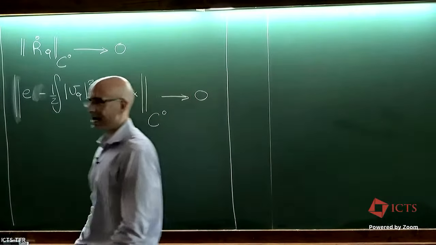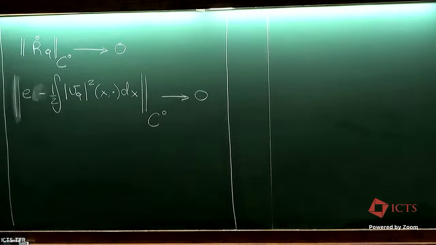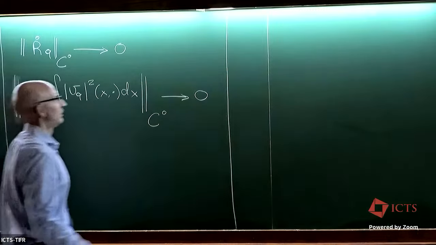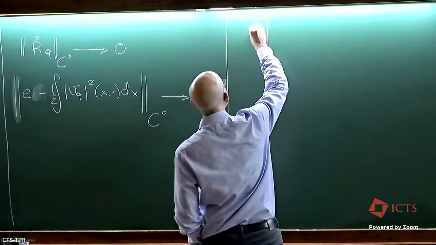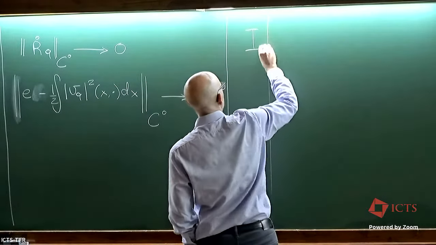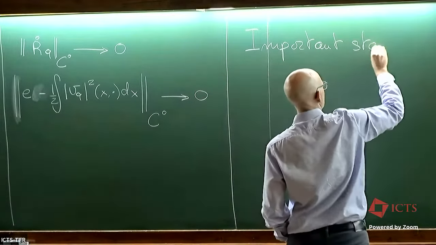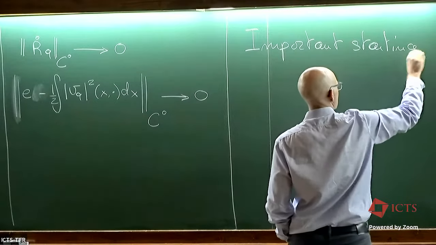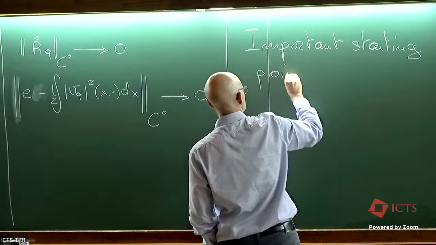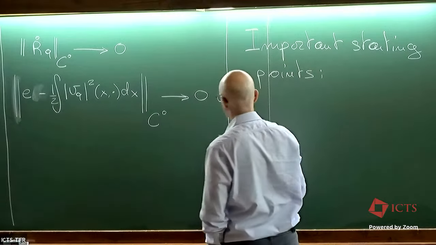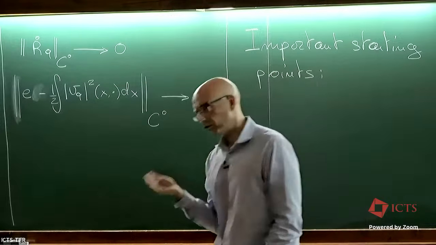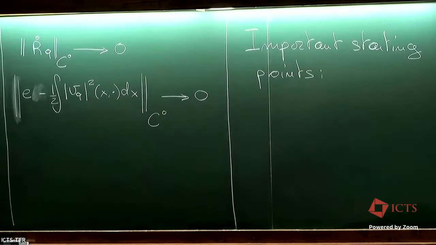Let me start with the first remark. You've seen already a few times these anti-divergence operators. There are two important starting points. Given some reasonable function f, I can find a vector field whose divergence is that function.